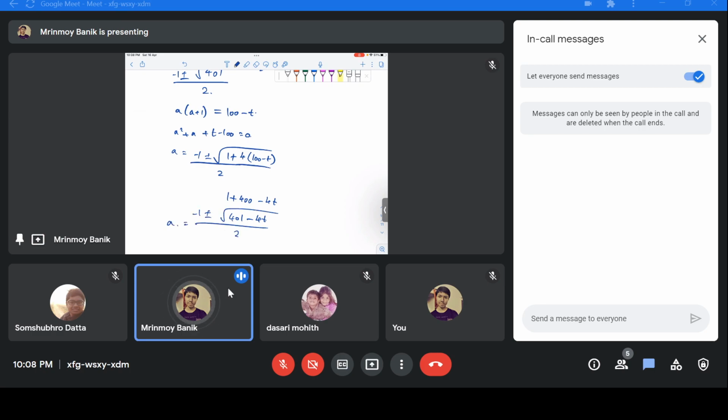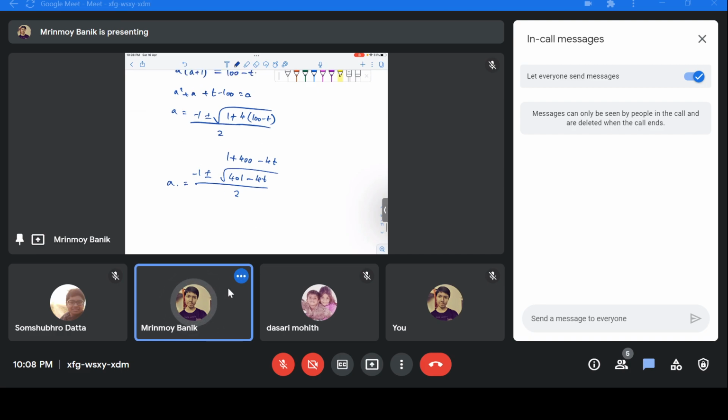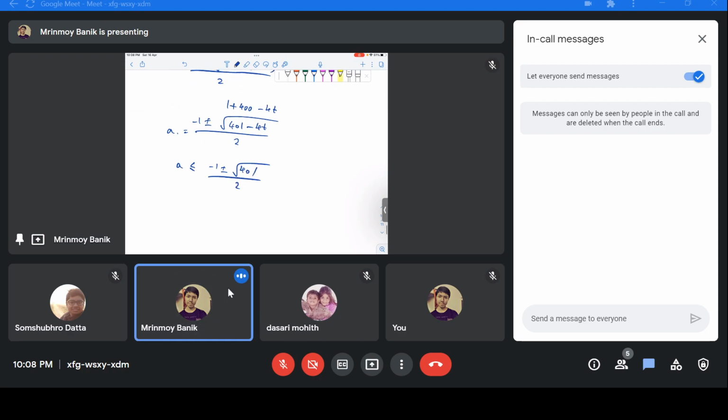So a is this quantity, and now we can toggle the values of t from something like 100 down to, how much can we make it? We can't make it negative, so to 0.